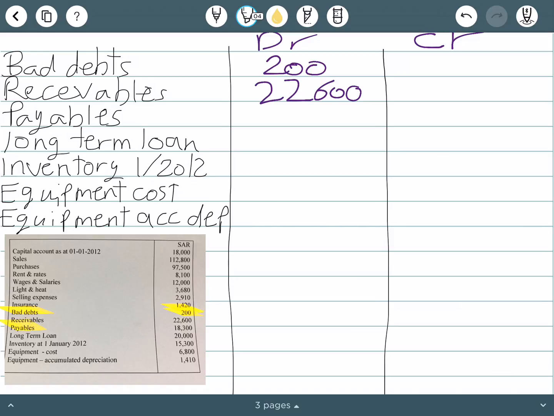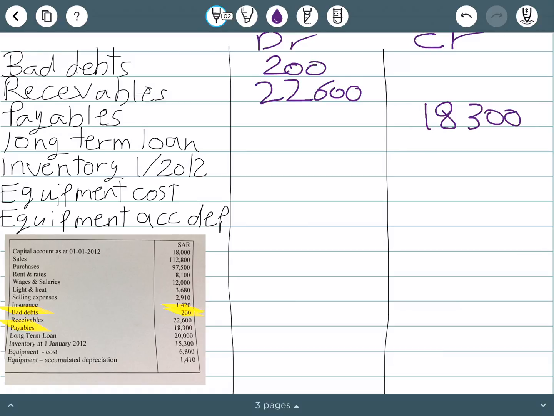Now payables, you have to pay it, so it's a liability. So a liability is a credit. So payables, 18,300. It's a credit because you have to pay it and it's a liability.